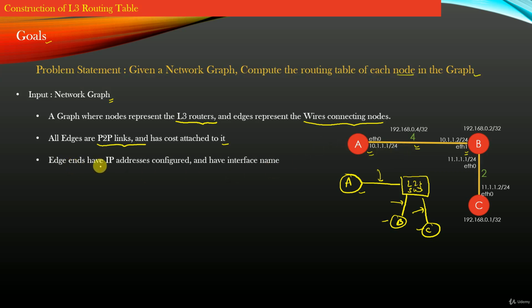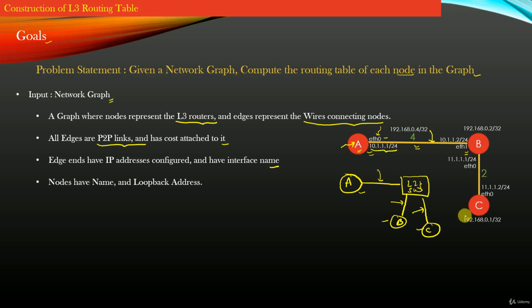So edge ends have IP addresses configured and have an interface name. You can see this is an edge, or you can say it's a wire, and every end of the wire which is connected to the device has an interface name. In this case it is Ethernet 0, and it is configured with an IP address. And all nodes in the topology have a definite name. For example, the name of this node is A, then you have B and C, right?